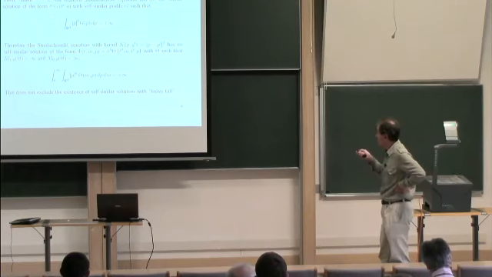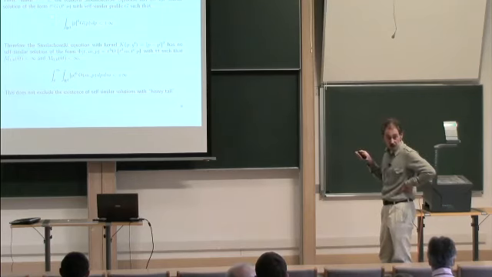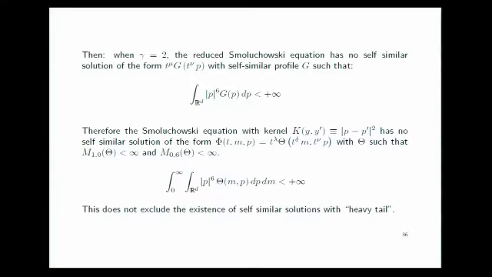So what you deduce is that you cannot expect a self-similar solution for the original Smoluchowski equation, for which the profile, what I call here theta, has a finite momentum of order 6. So either you have a singularity somewhere, or you have a heavy tail. Okay?